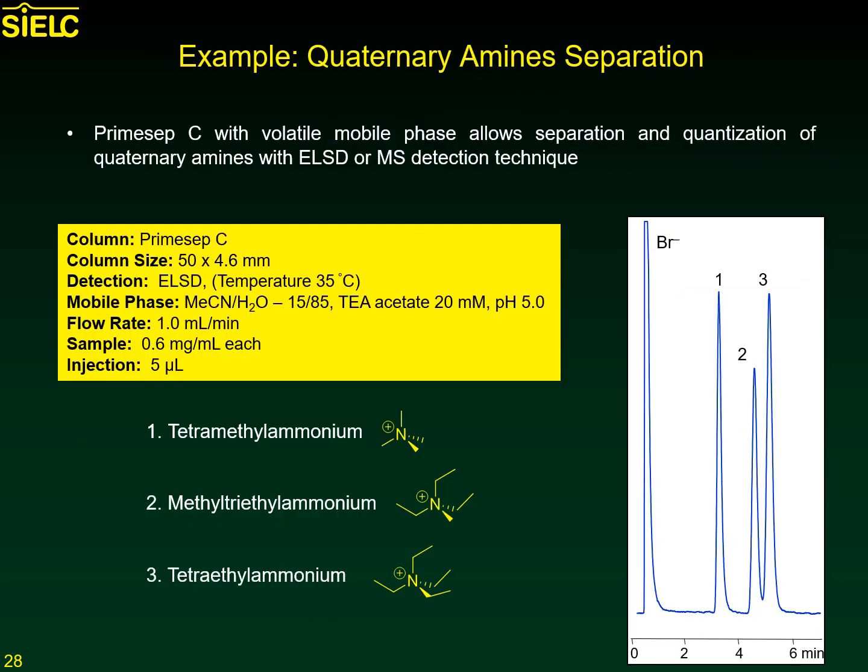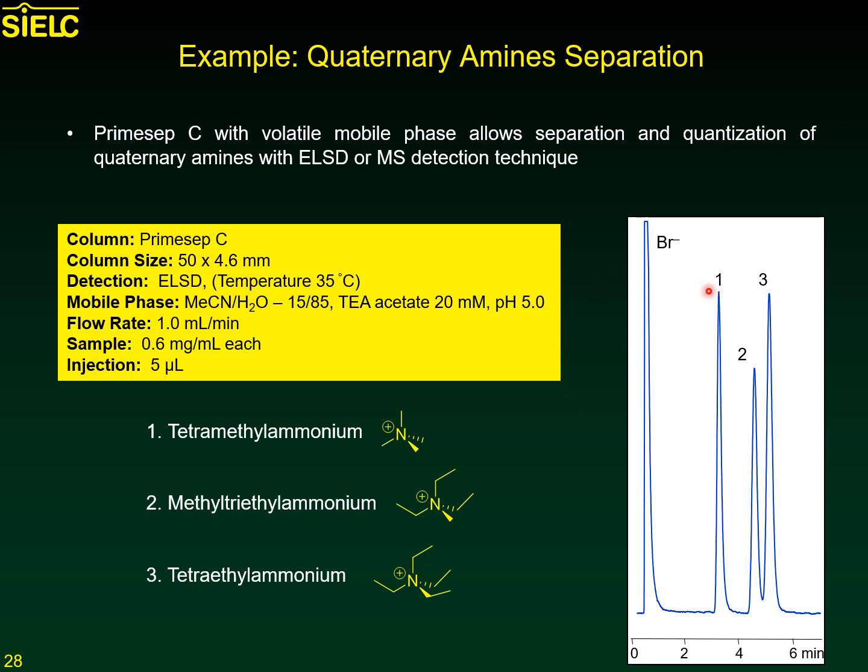In this example, we are using a Primesep C column to separate 3 different quaternary amines. This is notable because it is otherwise difficult to separate these 3 compounds as they all possess the exact same ionic charge, which was a limitation with ion exchange chromatography. In this case, all 3 compounds do interact with the Primesep C column via cation exchange.